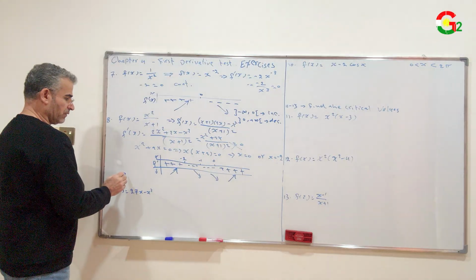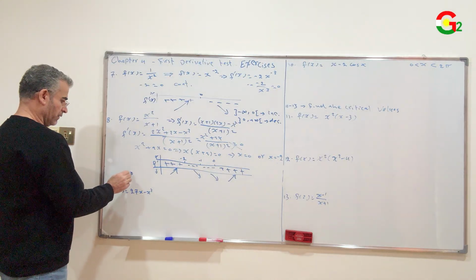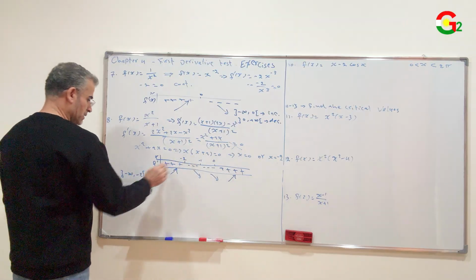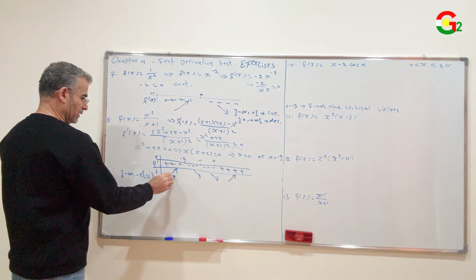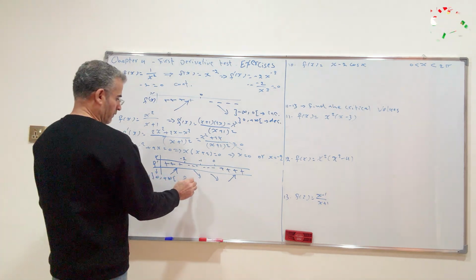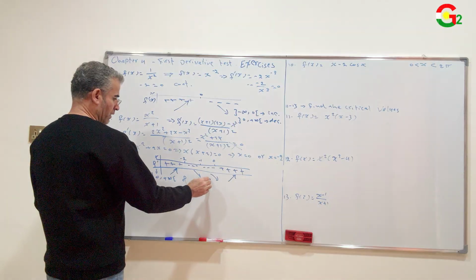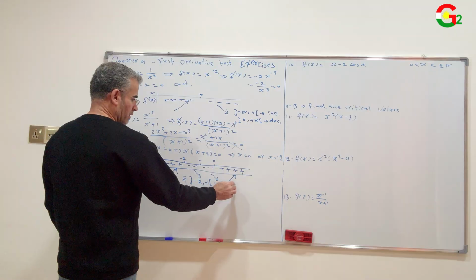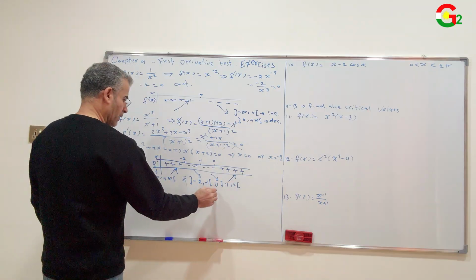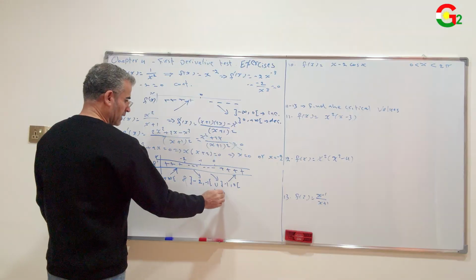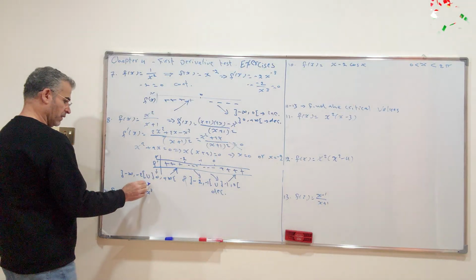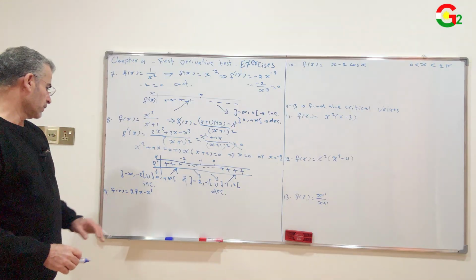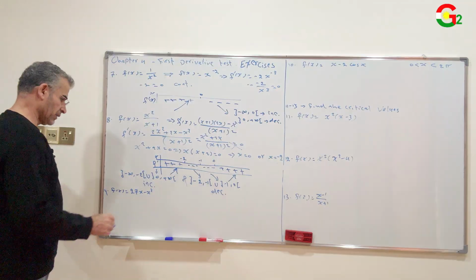The intervals of increasing are negative infinity to negative 2, open interval, union 0 to positive infinity, and from negative 2 to negative 1, open interval, union negative 1 to 0 are the intervals of decreasing. Question number 9, f of x equals 27x minus x power 3.